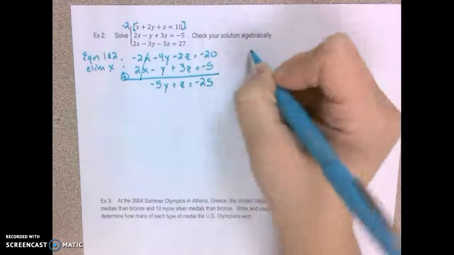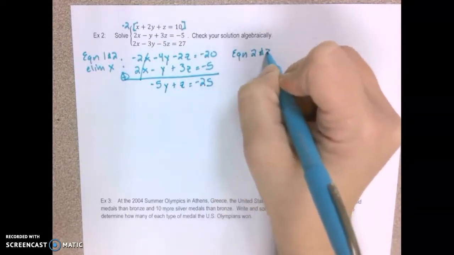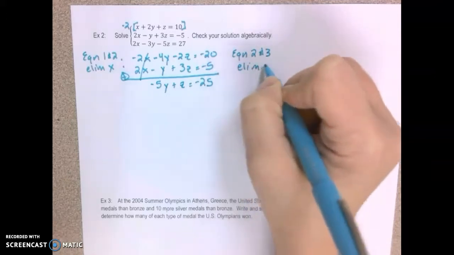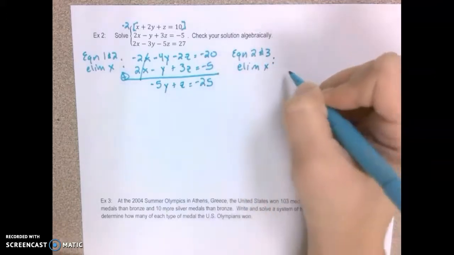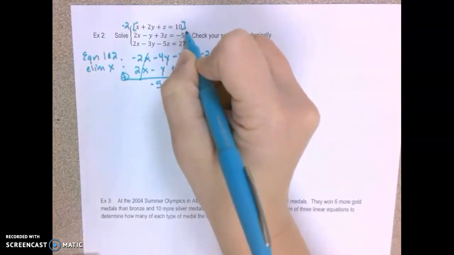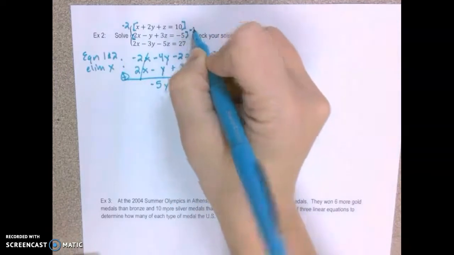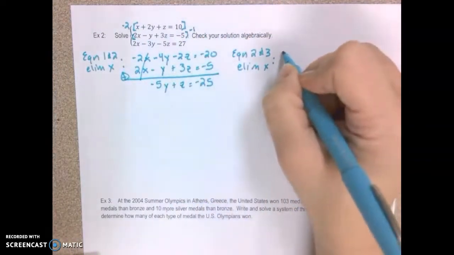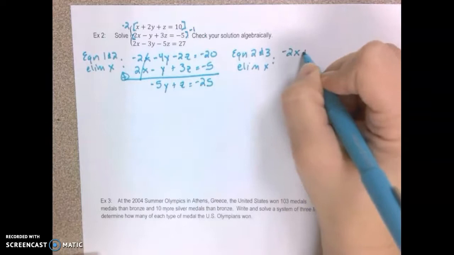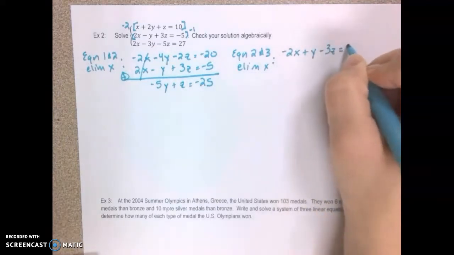Now we do the same thing again, only with equations 2 and 3, still eliminating the x variable. We multiply our first equation by negative 1, which gives us negative 2x plus y minus 3z equals positive 5.